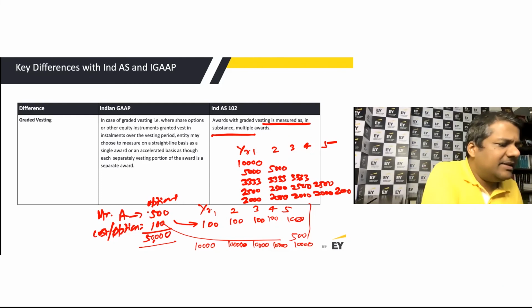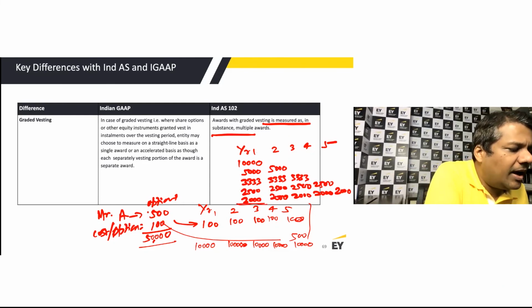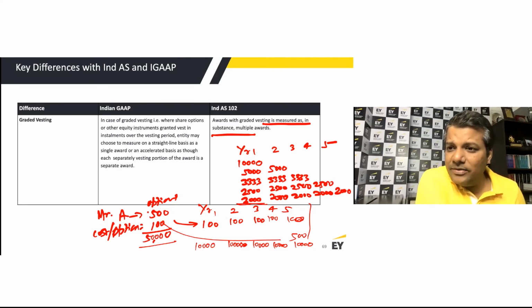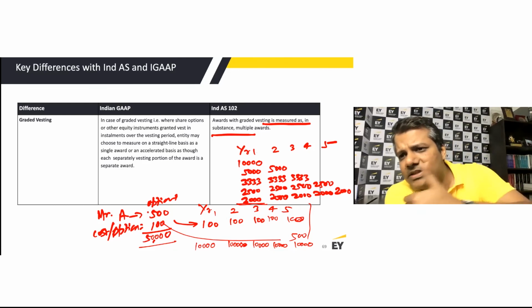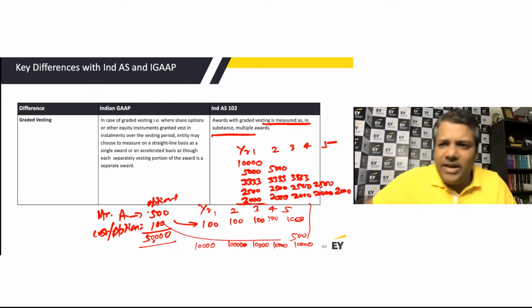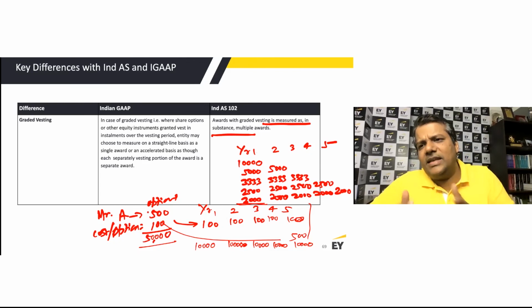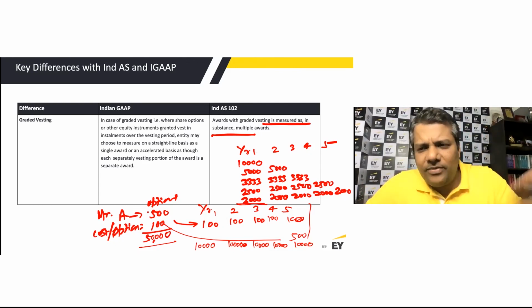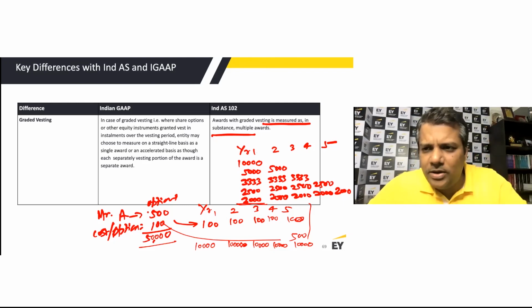That means in year one your total compensation cost is very significant, and as you keep going, the compensation cost keeps coming down, because every year is treated as a separate grant. There are 5 grants in a way, 5 grants of 100 shares each made to this employee.